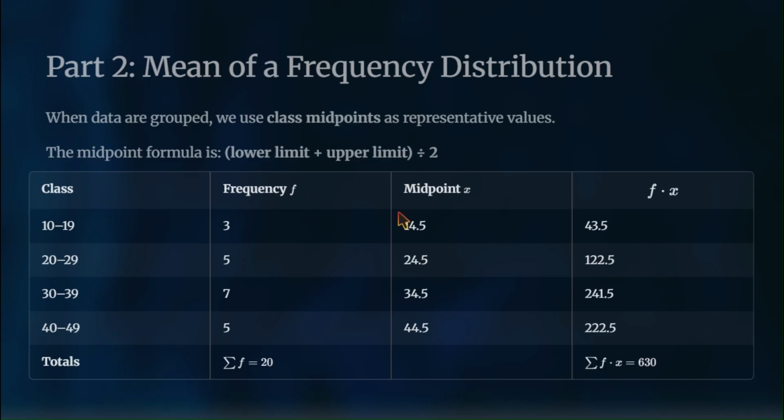So if we do 3 times 14.5, that will be 43.5. 5 times 24.5 will be 122.5. 7 times 34.5 will be 241.5. And 5 times 44.5 will be 222.5. If we sum up the frequency times the x value, that will be 630.